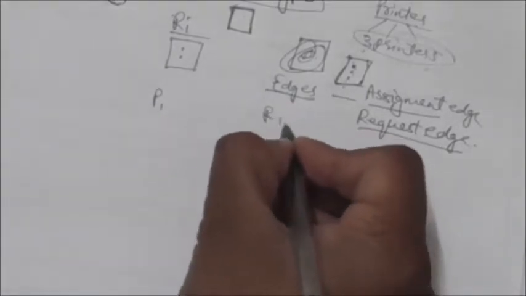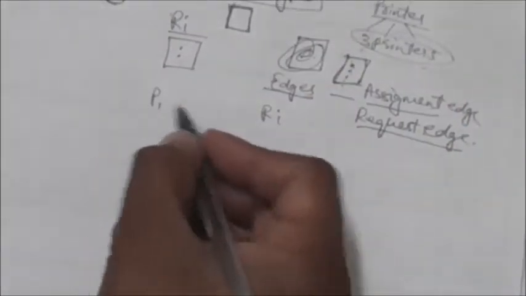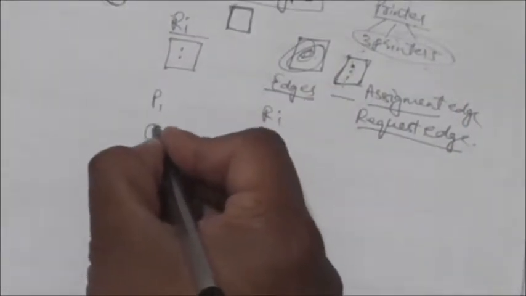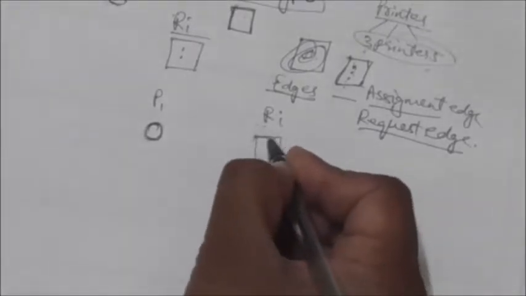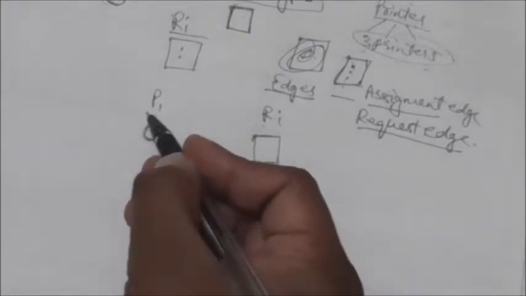Suppose consider this process P1, and there is a resource type Ri. In a system resource allocation graph, suppose this process P1 is represented by this vertex, which is a circle. And suppose this resource type Ri is represented by this vertex, which is a rectangle. Now this process P1 is requesting an instance of resource type Ri.